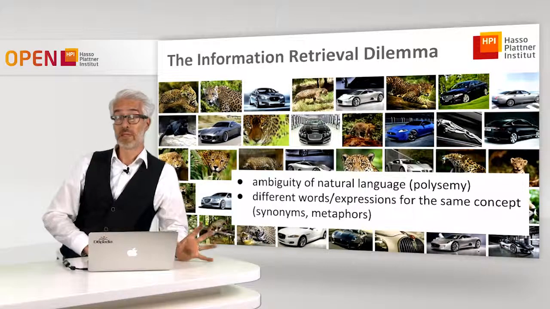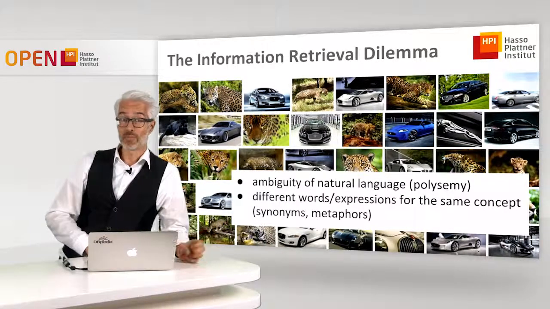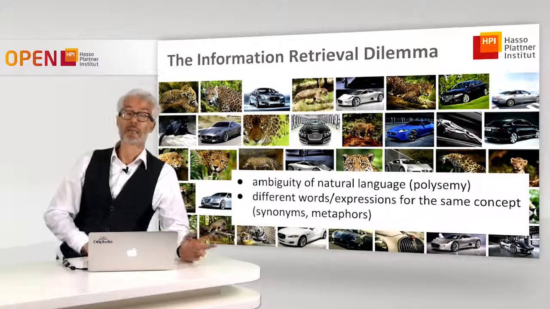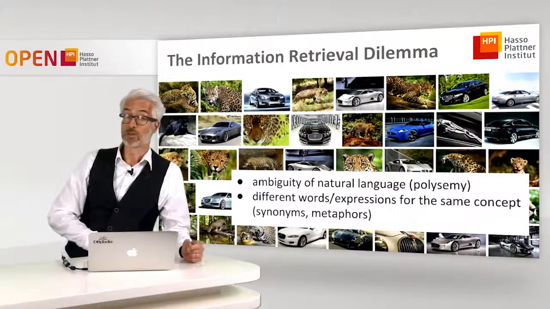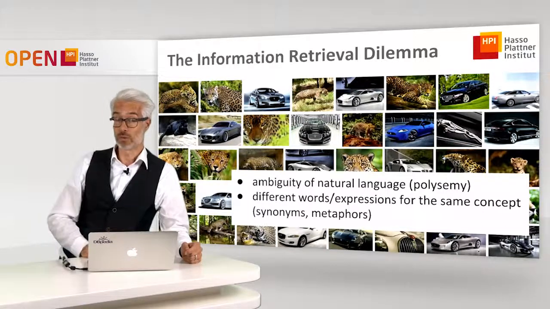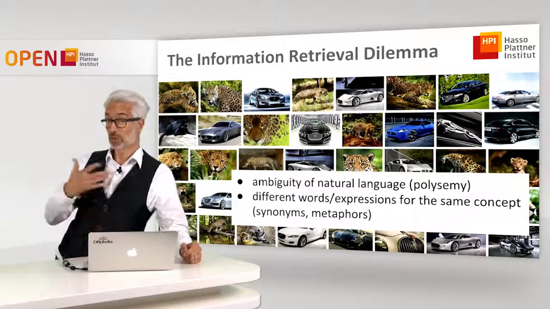So with the same string, with the same term, I can reference different entities. On the other hand, also different words or expressions are used for the same concept, so you have synonyms and metaphors, and this makes information retrieval highly complicated and still subject of ongoing research, because you always try to improve the quality of your search result.